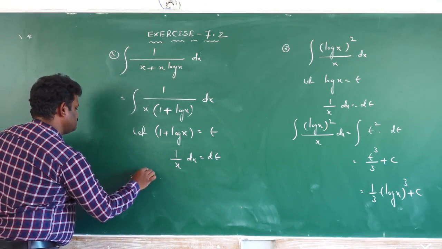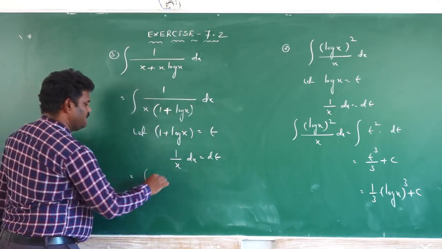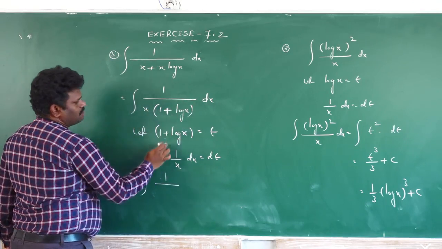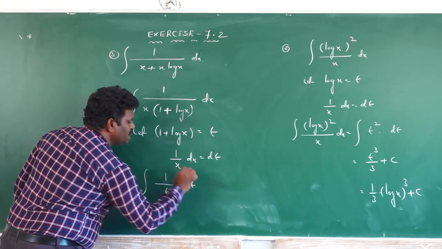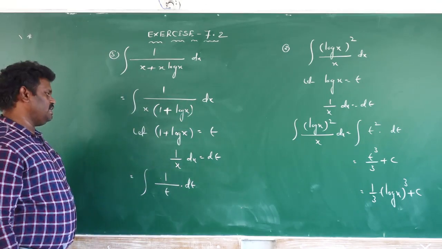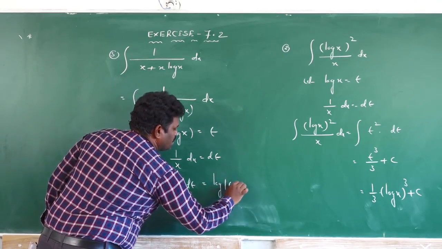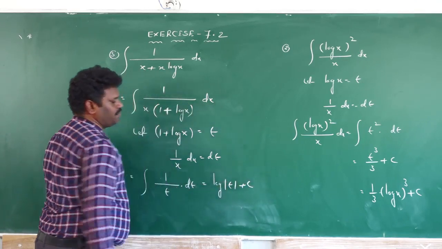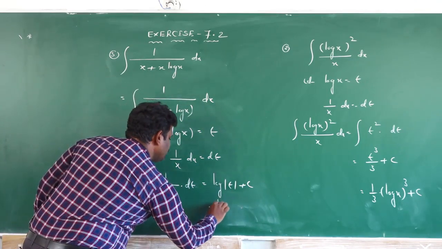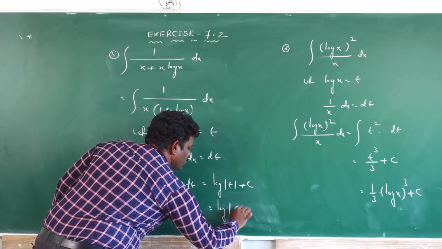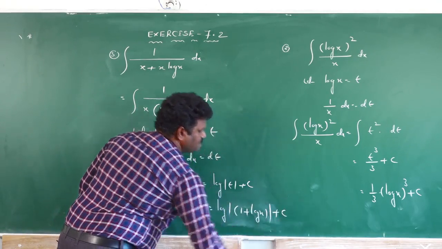Now we substitute: 1 by x dx is equal to dt, and the remaining 1 plus log x is equal to t. So 1 by t into dt is equal to log of t plus c. Now finally we replace this value, and that is equal to log of 1 plus log x plus c.